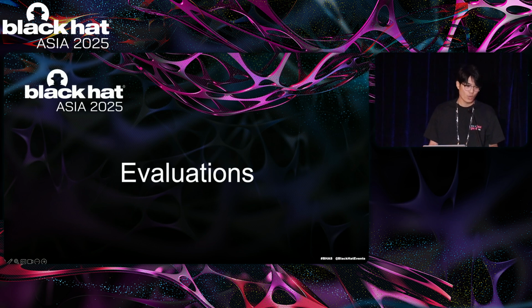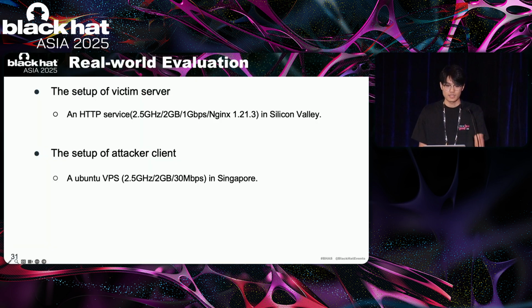To validate the attacks, we designed our experiments and conducted them in a real-world environment. Now we have covered the 4 different types of attacks. Let's look at how we tested them in the real world. To avoid hitting any third-party targets, we set up our own test environment.